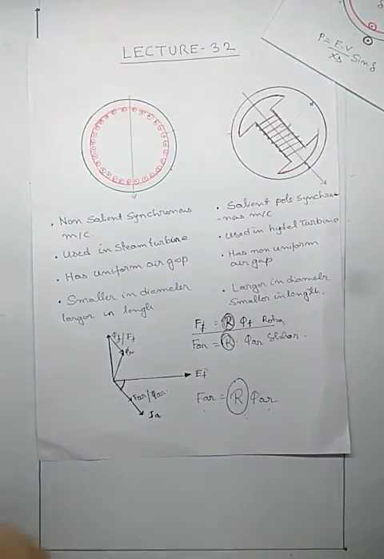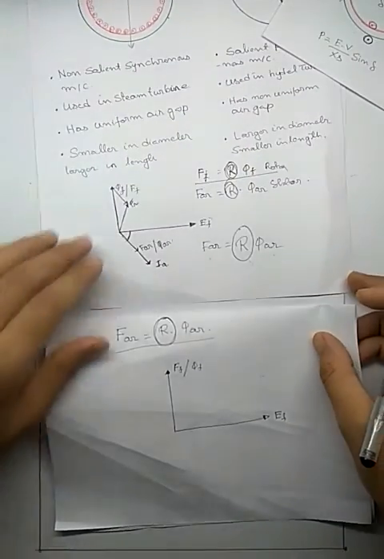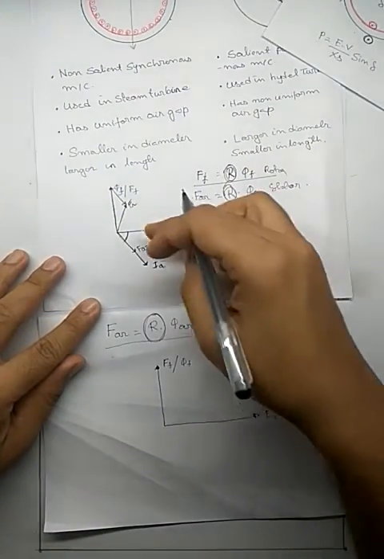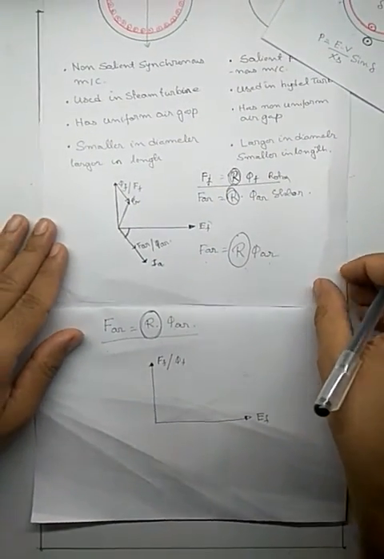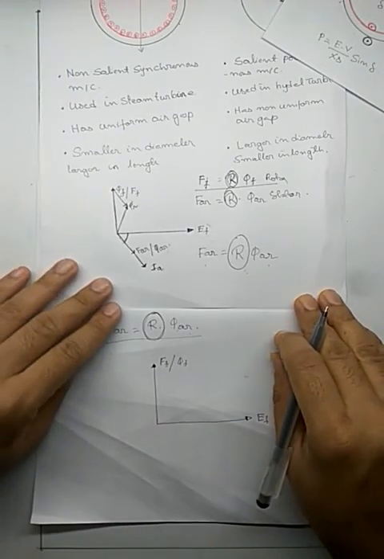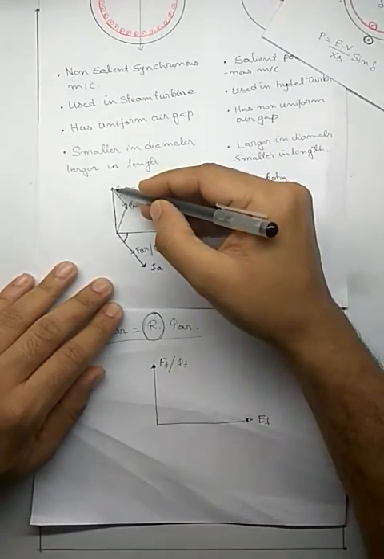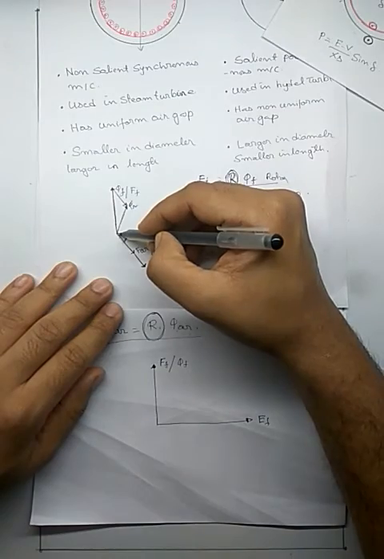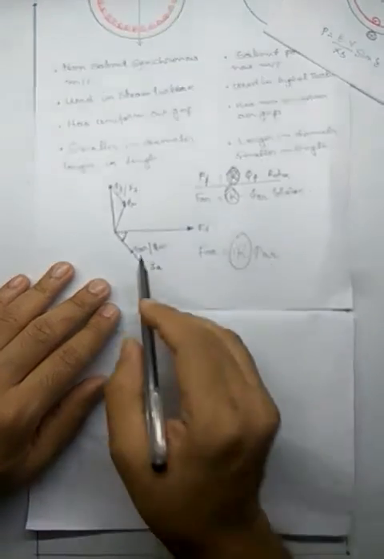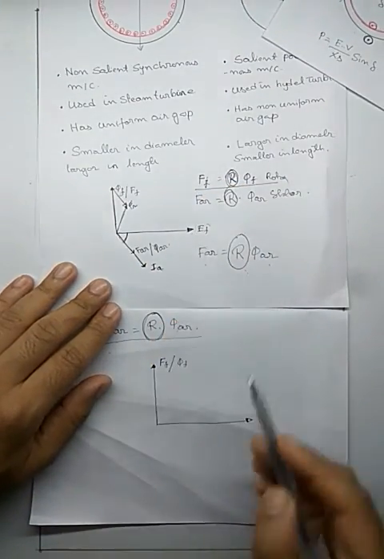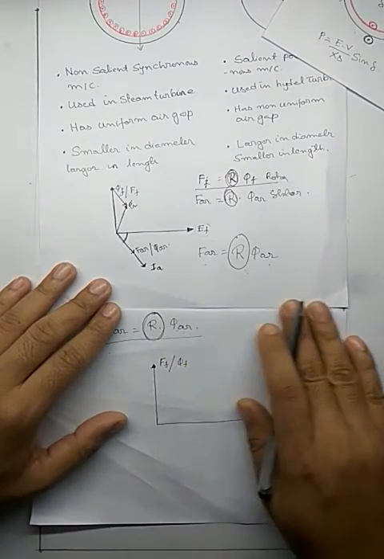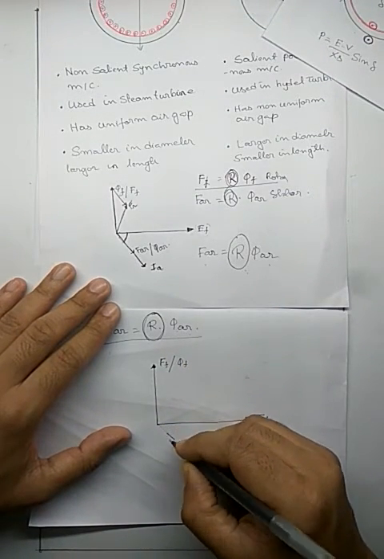This was my phasor diagram for the non-salient pole machine. This is the phasor diagram for the salient pole machine. First of all, we have drawn this for a non-salient pole machine. Same way, up to this it is the same. Let's say that the current is at some angle.